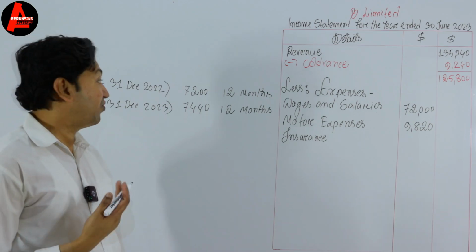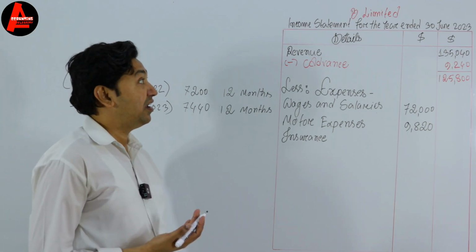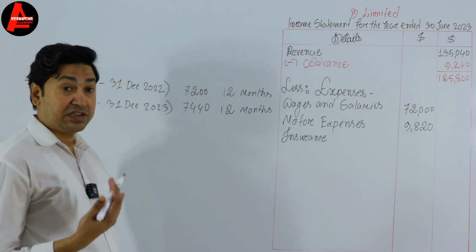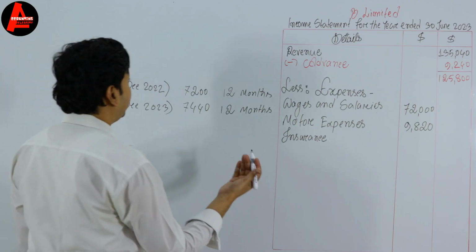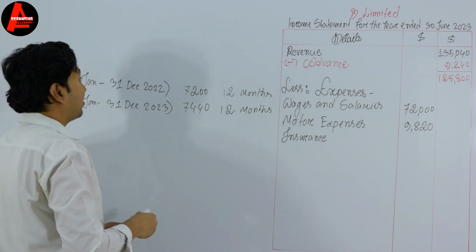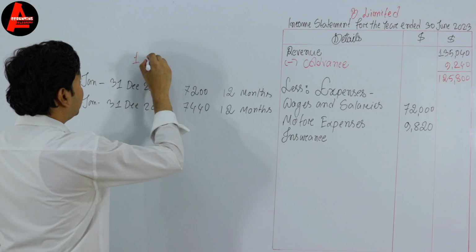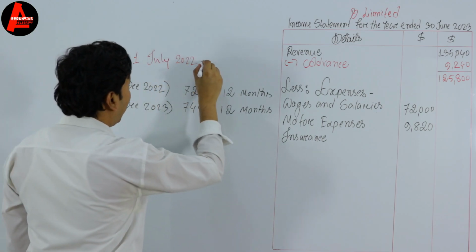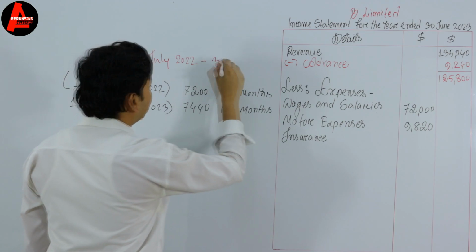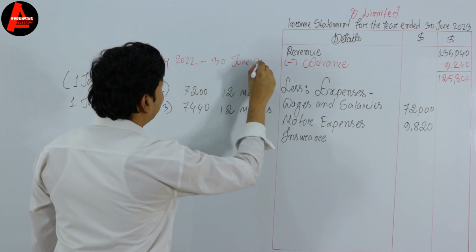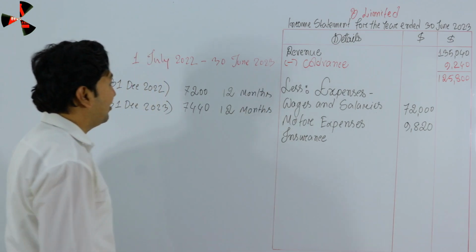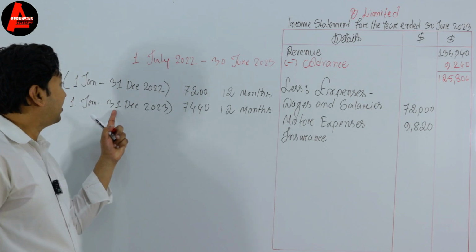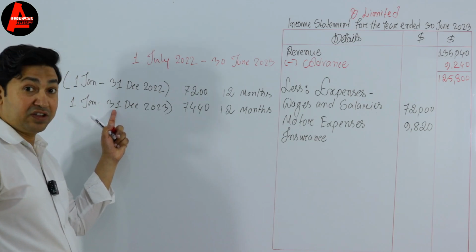How do we calculate for the financial year ended 30 June 2023? First of all, you need to understand the financial year. For B Limited, the financial year started on 1st July 2022 and ended on 30 June 2023.